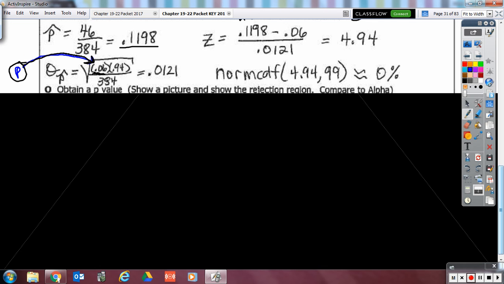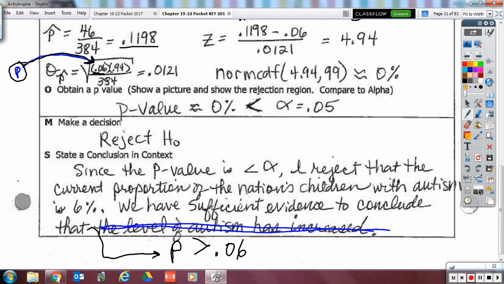Our p-value is about 0, which is less than alpha. Our p-value is low, so we reject H0. And then I say, since the p-value is less than alpha, I reject that, and I regurgitate the null hypothesis in words.